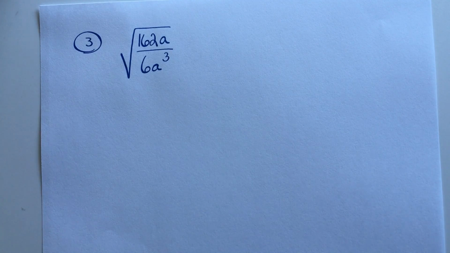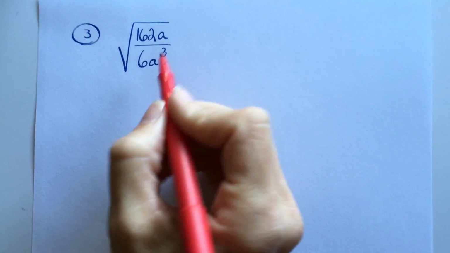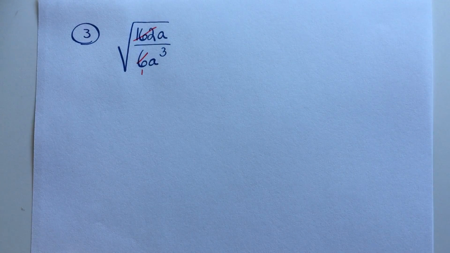All right, one more similar to these. All right, so let's again see what reducing that we can do. So with the 162 and the 6, you can actually reduce by 6. 6 will go into 6 one time. 6 will go into 162 27 times.